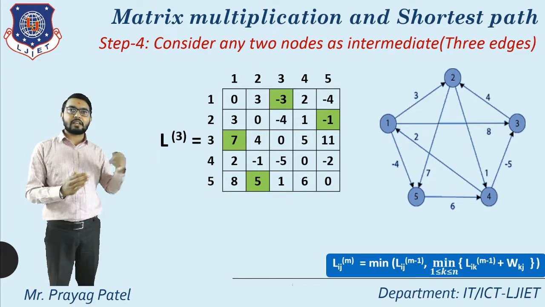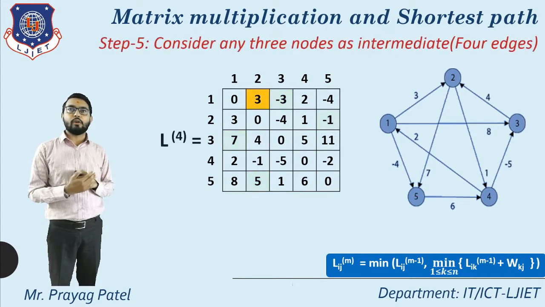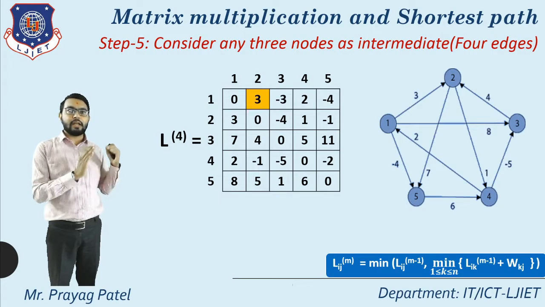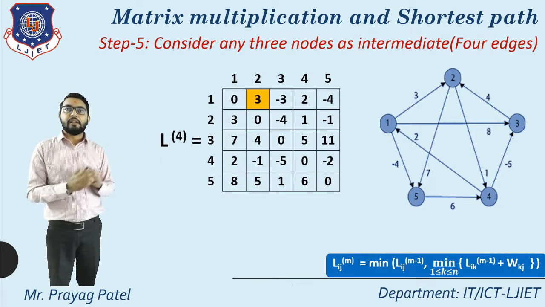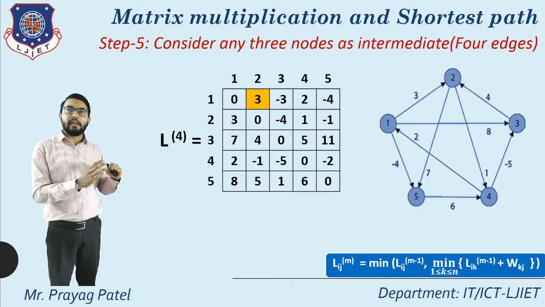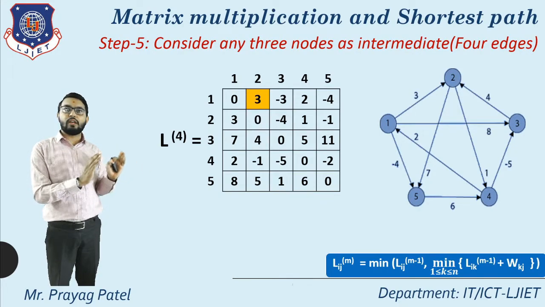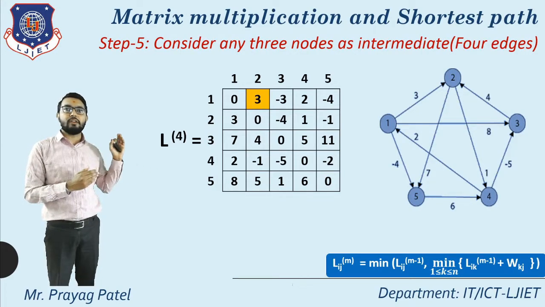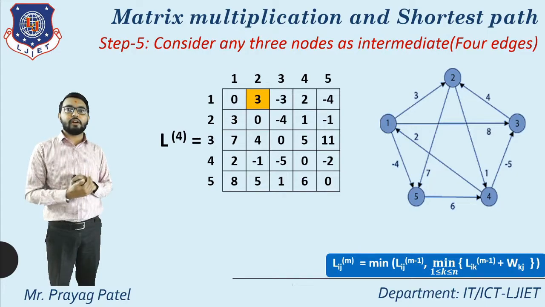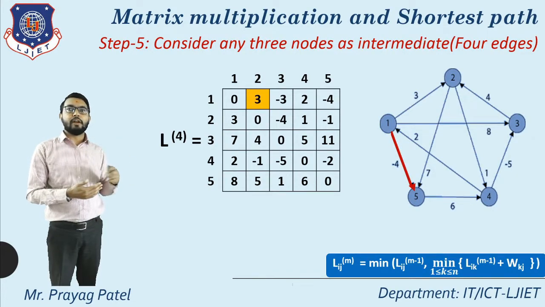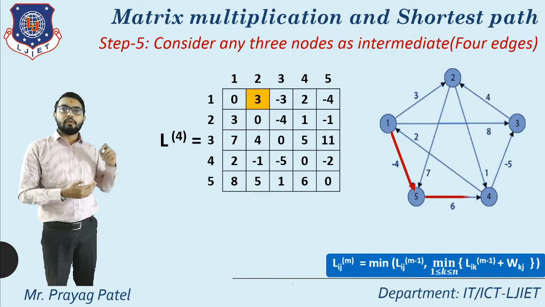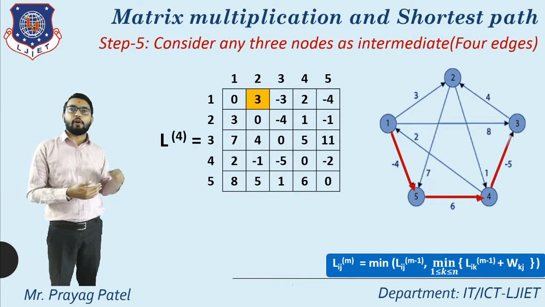So our next step is to consider any 3 nodes as intermediate nodes, which means you can consider 4 edges. Here also we check each and every location, but in this video we discuss only the places where a change occurs. Consider the first location, 1, 2. In location 1, 2, the old value is 3. Now the new path is 1 to 5, then 5 to 4, then 4 to 3.